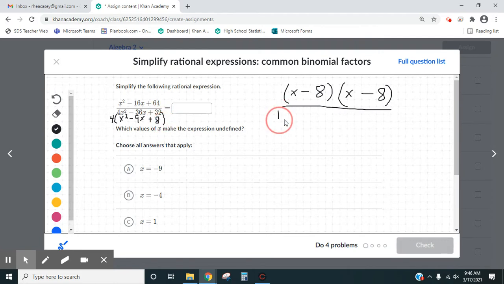Over here, I know there'll still be a 4. And then I'm going to factor what's left over. Right. Yep, very good.